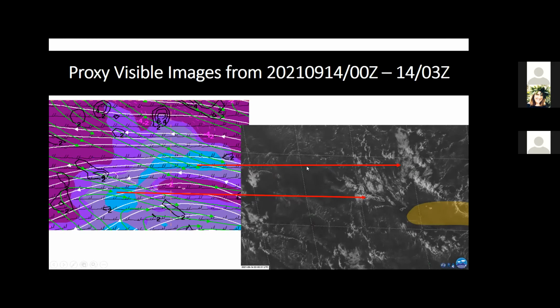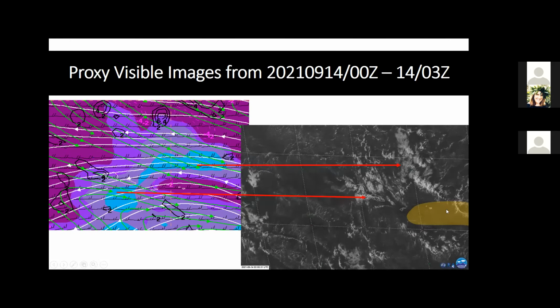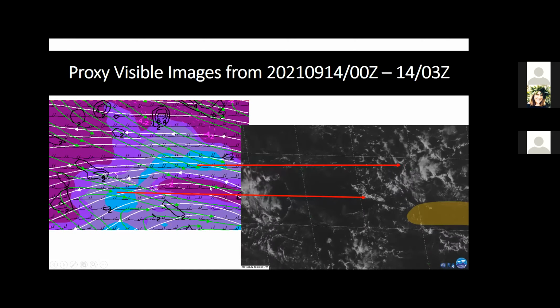With the current resolution of the GFS, I was really surprised by seeing how well defined the dry slot was being reflected in the forecast. So the model did a pretty good job in identifying that.